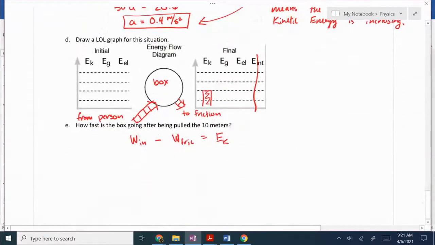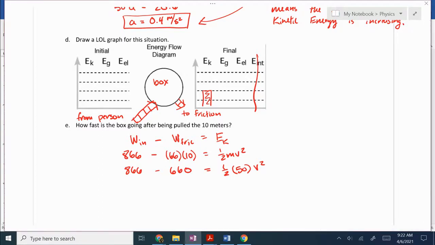We know we put in 866 minus the amount of energy we lose to friction, which would be 66 times 10, is equal to 1/2 mv squared. So 866 minus 660 equals 1/2, again, I believe it's a 50 kilogram block, v squared. So 206 joules equals 25 v squared, divided by 25.